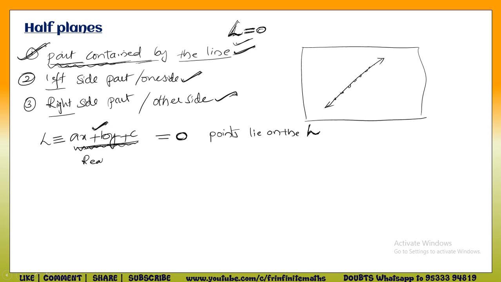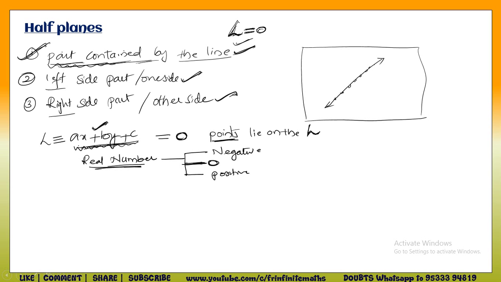This real number can be divided into three parts. Either it can be 0, or negative, or positive. That means this value of ax plus by plus c can be 0, or negative, or positive. So there are only three possibilities.